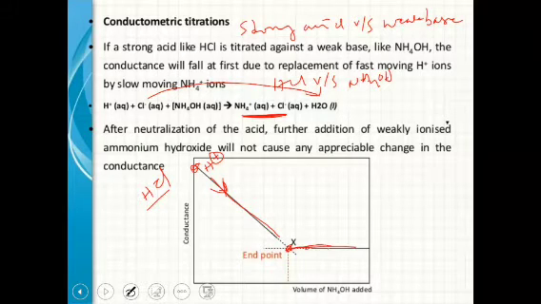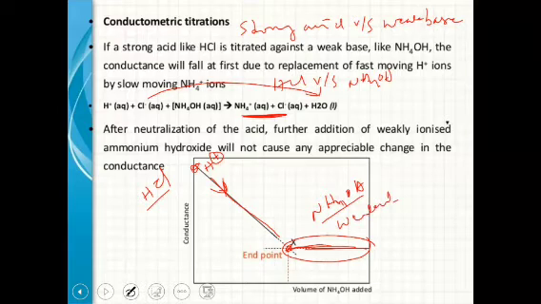So after the end point, there is no change in the conductance values because ammonium hydroxide is a weak electrolyte. The degree of dissociation is very low, so there is no further increase or decrease in the conductance values. It shows a constant conductance value.